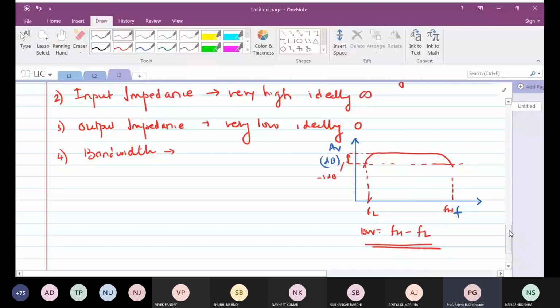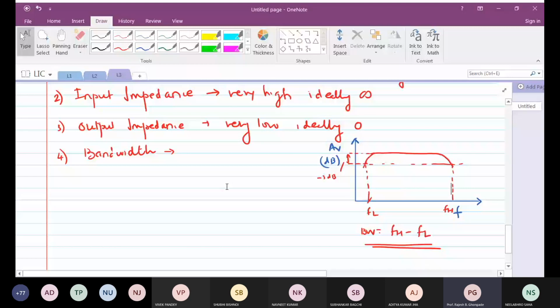Frequency response. I'm getting a very poor response. So we had this bandwidth.